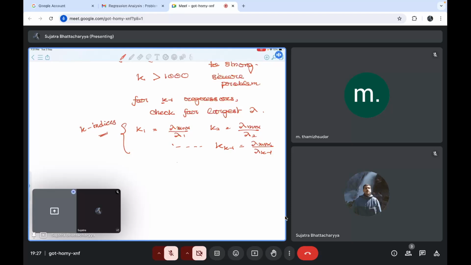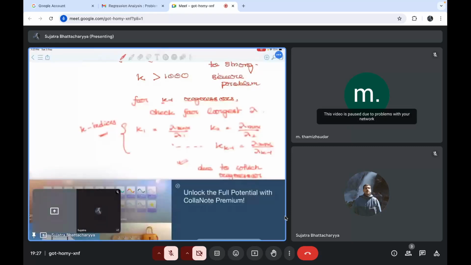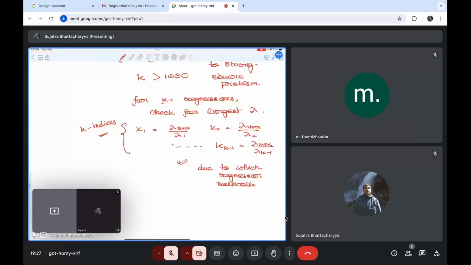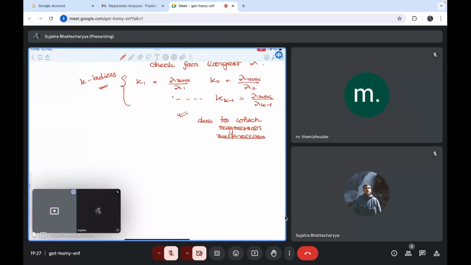This will help you understand due to which regressor multicollinearity is present.